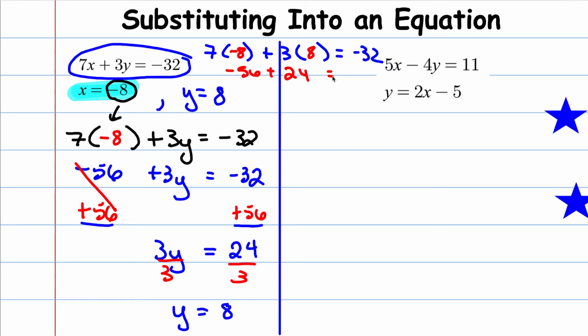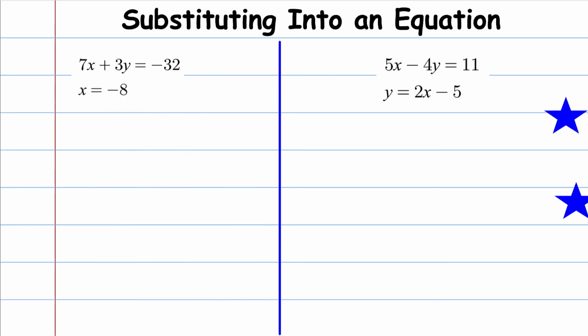Adding those together, negative plus a positive, I have more negatives, so that's a negative. And 56 take away 24 is 32, which is what it should be. So I know both sides are exactly the same, and my solution is correct. I verified my solution for this one because I can. And if my objective was to solve the system of equations, that would tell me that the coordinates of the point where the two lines intersect would be at -8, 8.